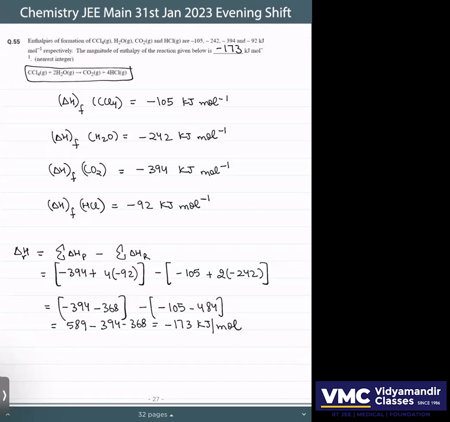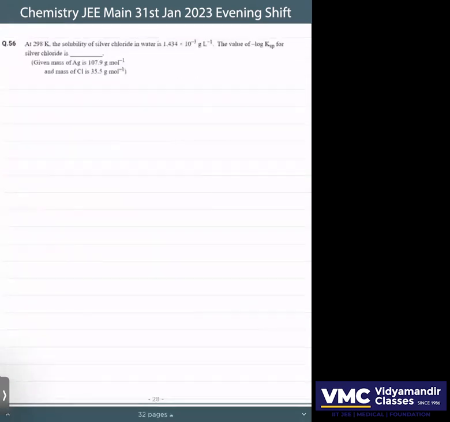Correct? Next question. Question number 56. At 298 Kelvin, the solubility of silver chloride in water is 1.434 into 10 power minus 3 gram per liter. And they're asking us the value of minus log Ksp for silver chloride. AgCl solid will form ions Ag+ and Cl minus. If the solubility we are considering for silver chloride is S, then we'll have Ksp as S squared.